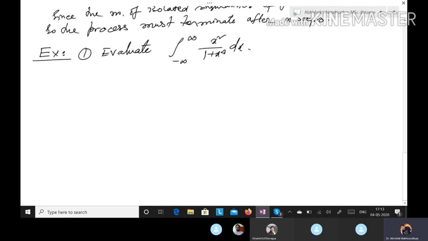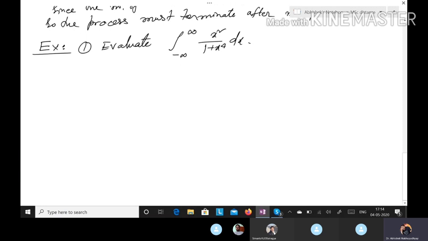So how to tackle this kind of improper integrals in terms of complex Cauchy's residue theorem? So how to transform this problem into a problem of complex integration?